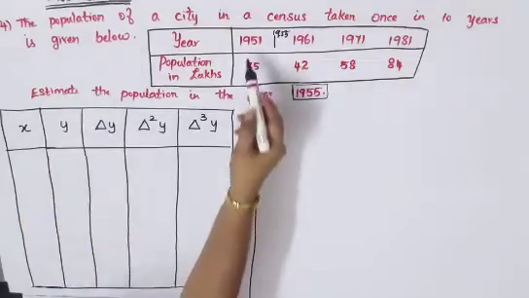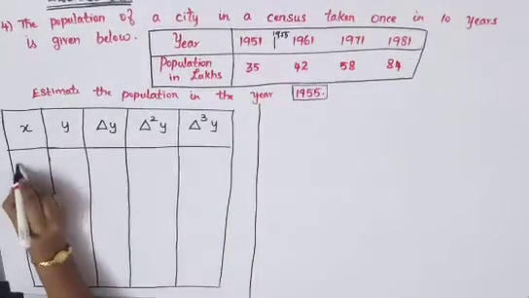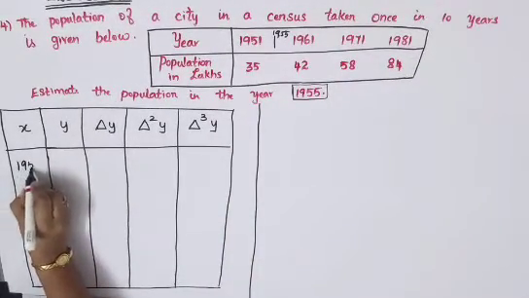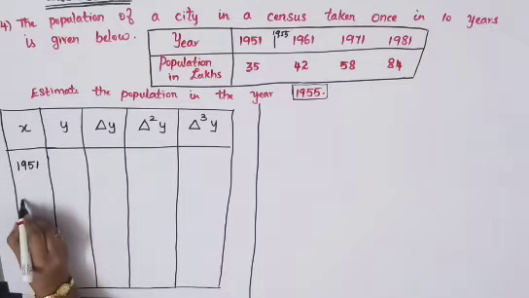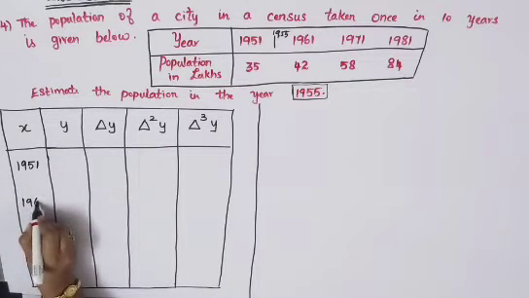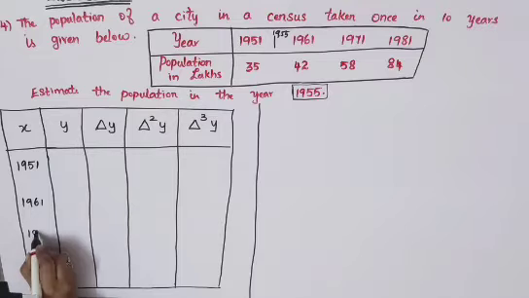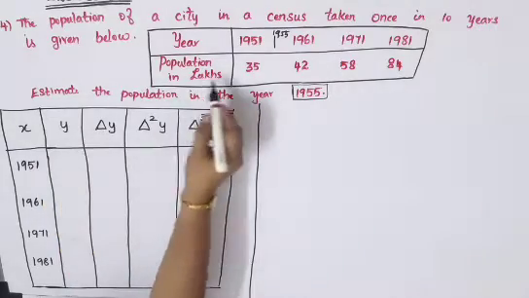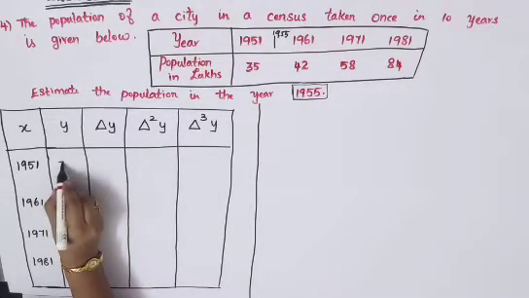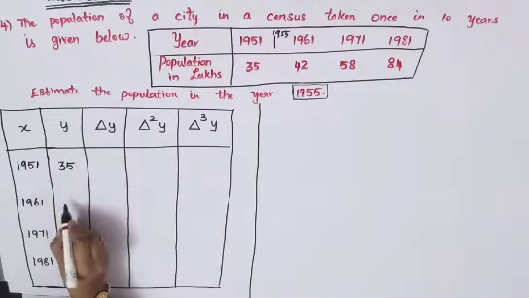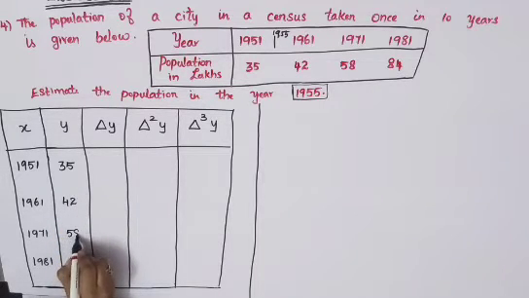The x values are years: 1951, 1961, 1971, 1981. And your y is the population in lakhs, so it is 35, 42, 58 and 84.